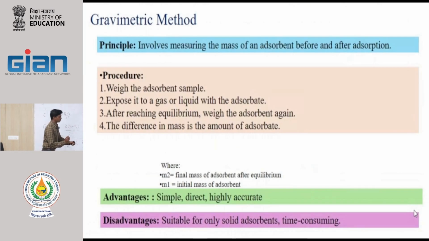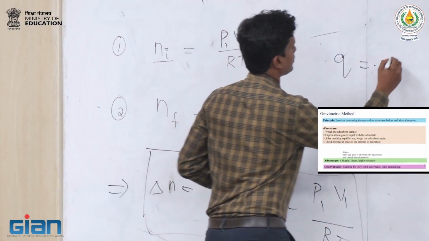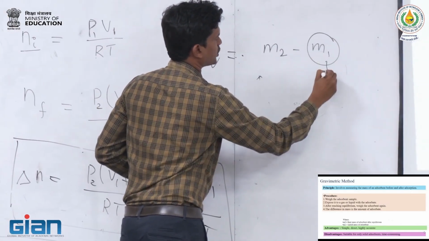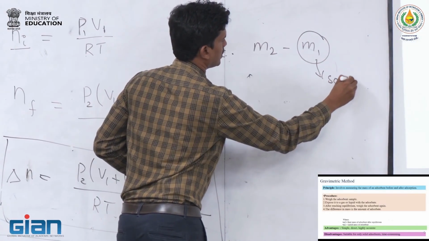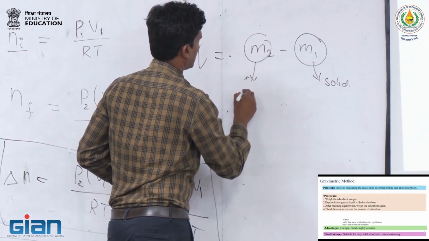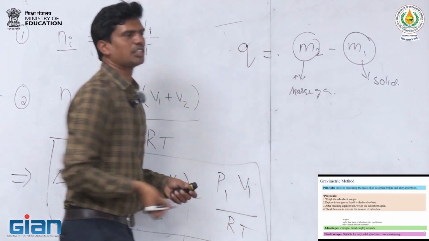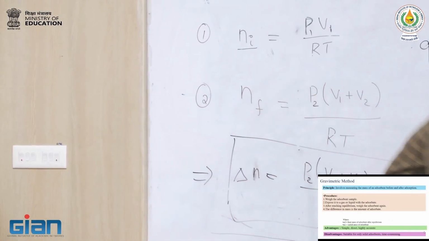So here the amount adsorbed is equivalent to M2 minus M1. M1 is the initial mass of the solid. M2 is the mass after adsorption happens, solid plus gas. So the difference is equivalent to the amount adsorbed. So that is straightforward.